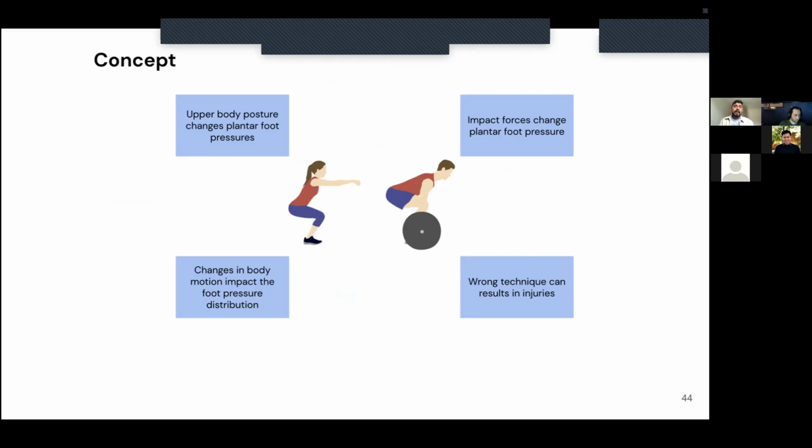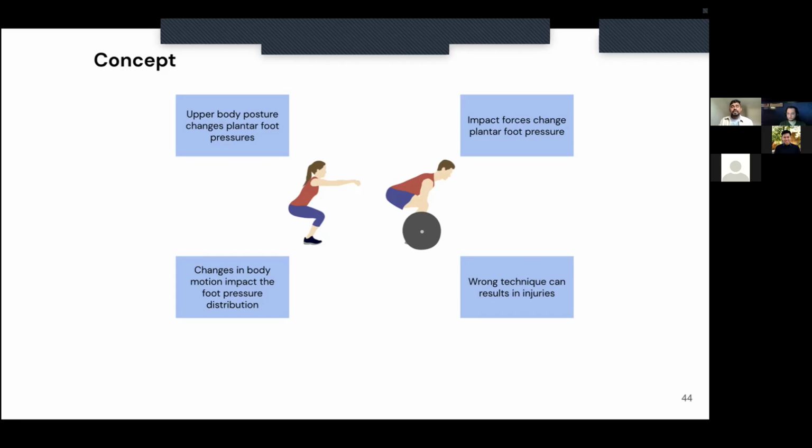When we perform full body exercises like squats and deadlifts, our upper body posture changes. However, our weight and all the impact forces are going through our foot. So whenever we change our upper body posture, these changes should be reflected in our pressure profile as well.